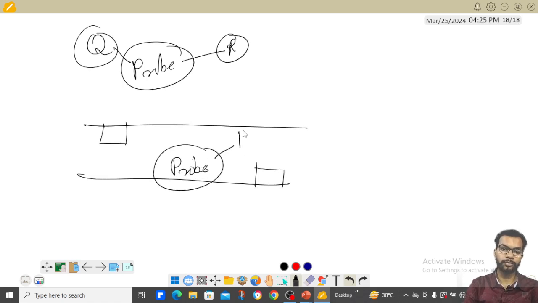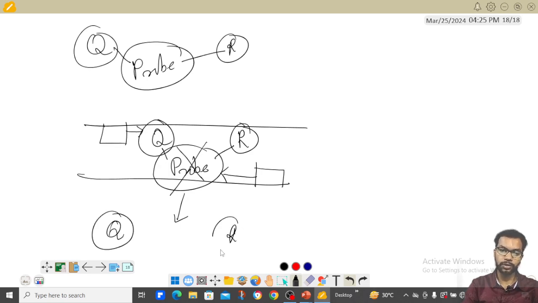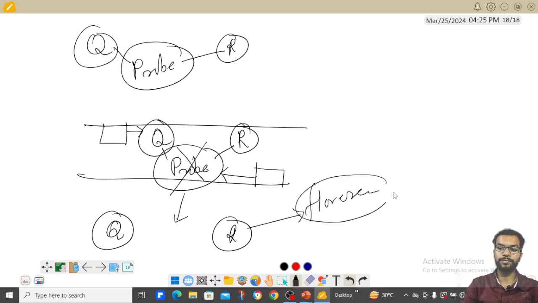When DNA extension takes place, the DNA polymerase will degrade the probe. As a result, the quencher and reporter will be separated, and the reporter will emit fluorescence. And this can be seen.